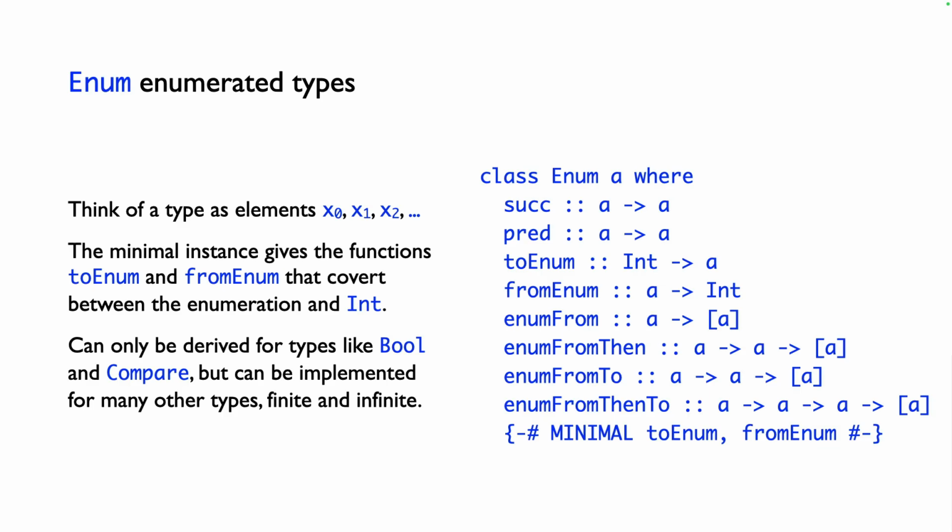And the minimal instance are the functions toEnum and fromEnum that convert between the enumeration and integers. Now, they can be derived for real enumerated types like Bool and Ordering, but they can be implemented for many other types. And you can imagine it's not terribly difficult to think about how you might want to implement them.